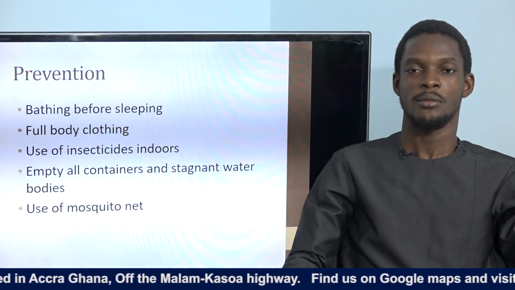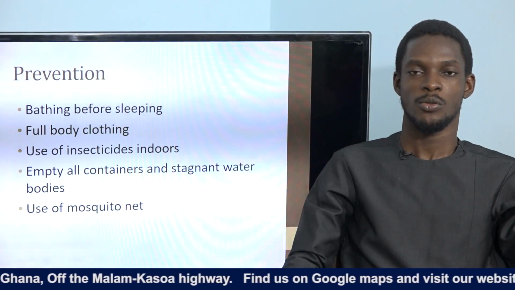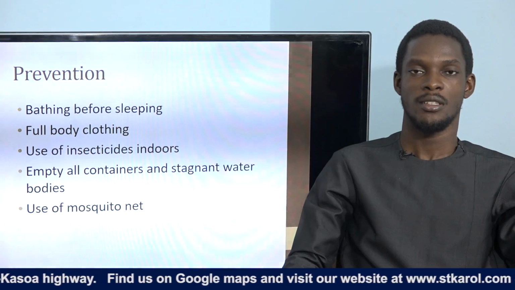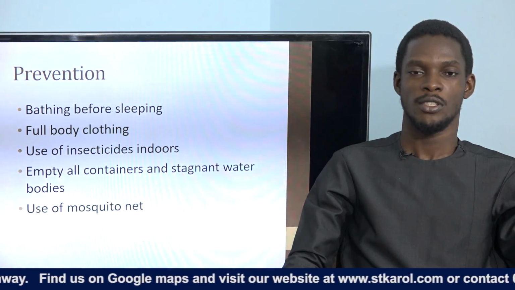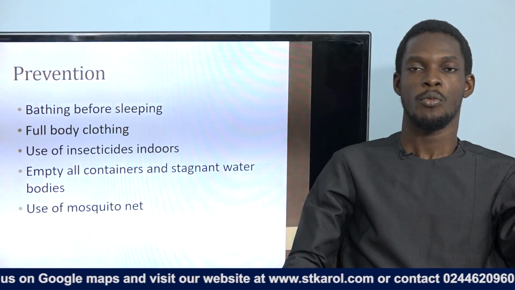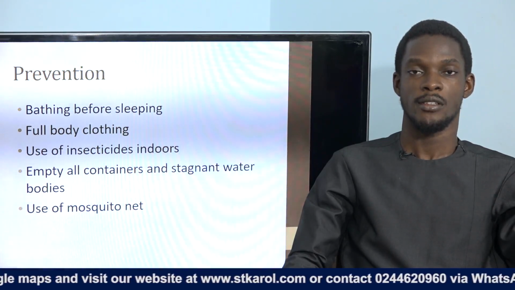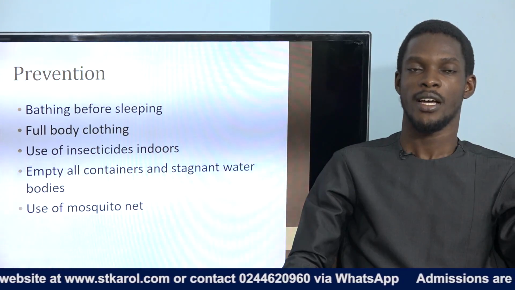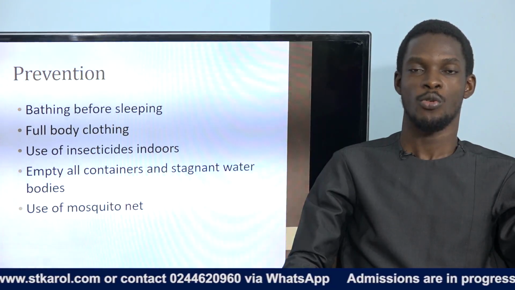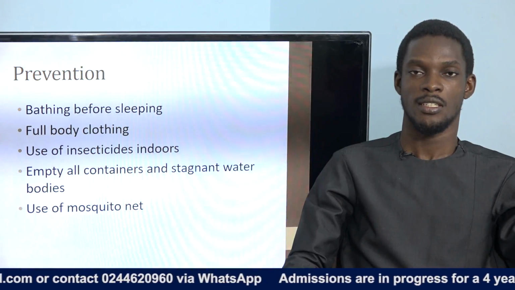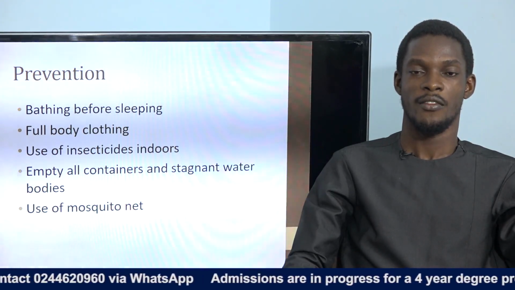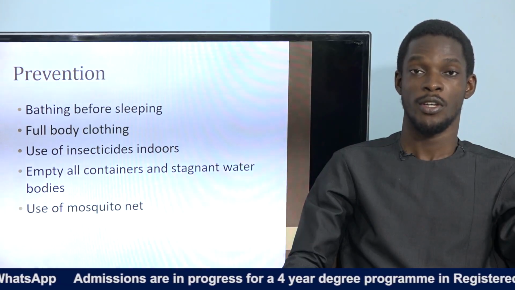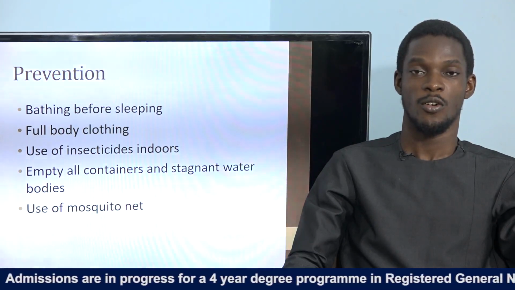You also want to empty all containers and stagnant water bodies around your house that may serve as a breeding ground for mosquitoes. Some people opt to pour oil on the surface of stagnant water so that the mosquito larvae can be choked or suffocated to death. However, in large quantities, you may not be able to have enough oil for every inch of the water.